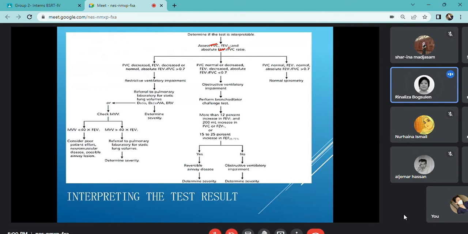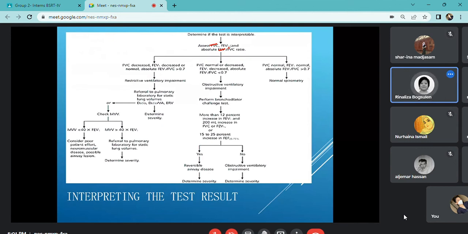Next, FVC is decreased, FEV1 is decreased, and the value for your FEV1 over FVC is above 80%. Actually, in the PCCP criteria, the cutoff is 70%. In your book, Egan's, it is still 80%, so we still follow 80%. So if your FEV1 over FVC ratio is above 80%, that is restriction.